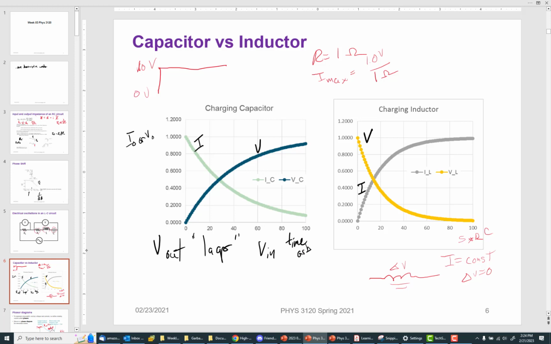And you may notice that it's less than 5 time constants because they're not plateauing. I wanted to focus on the changing area. You might argue that this one over here made it to almost 5 time constants. But all I want to take away from this plot is that they operate differently. That's it.